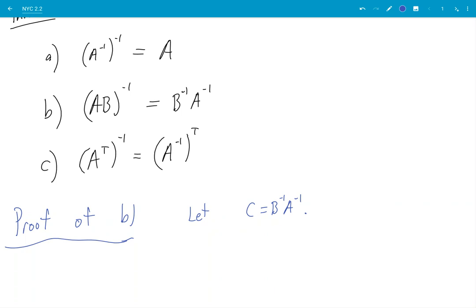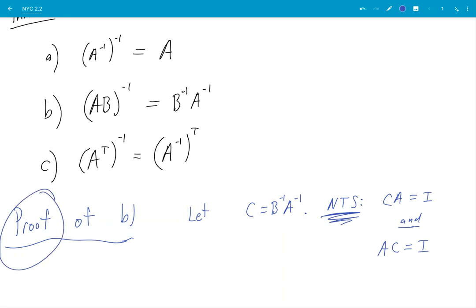Well, I need to show, NTS, need to show CA is equal to I and AC is equal to I. So here I'm just telling myself what I need to do to establish this claim.